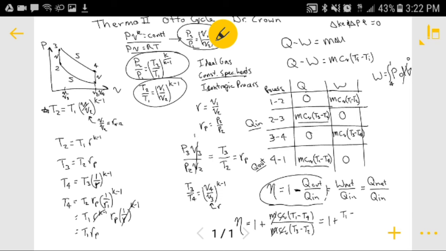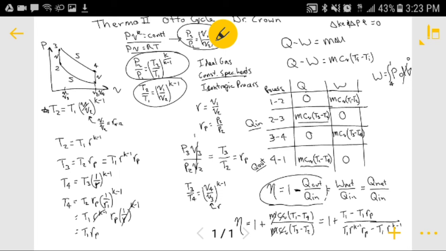So let's put that in as T1 r_p divided by, and then I have T3, which I saw here a minute ago is T1 r to the k minus 1 r_p. So I'll write that. T1 r to the k minus 1 r_p minus T2, which is T1 r to the k minus 1.